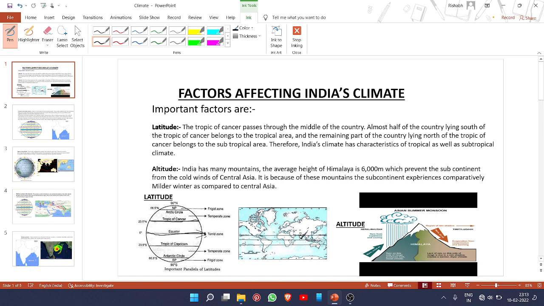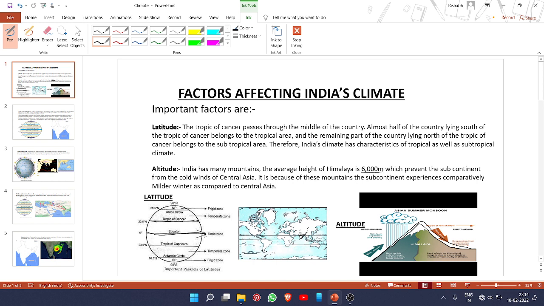Now, they prevent the subcontinent from the cold winds of Central Asia. I would like to say, see, this is the elevation. Suppose this is the elevation of the Himalaya. If we see the height of the Himalaya, the average height is given as 6,000 meters.